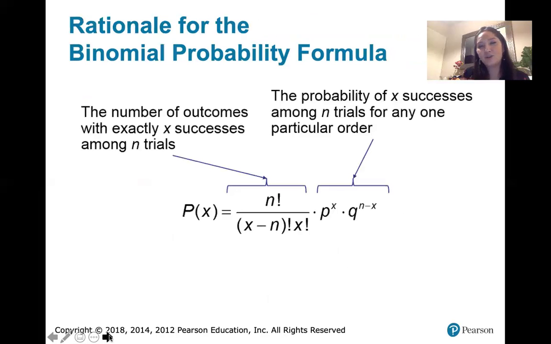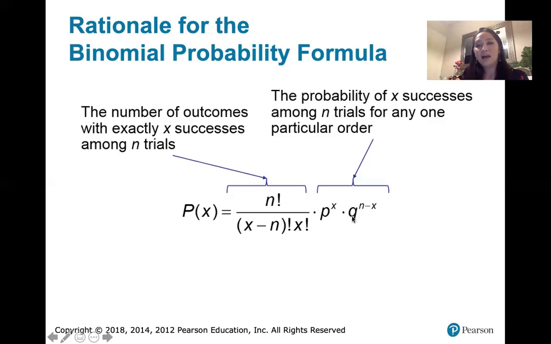Now, I wanted to show you that this gives you exactly the same result as this binomial probability formula. This expression over here on the right-hand side is the result that we get from that multiplication rule. Remember, P is the probability of success in one trial, and X is the number of successful trials. So if I have a probability of success of 1/5, and I'm successful X times, I'm going to have 1/5 times 1/5 times 1/5, X times.